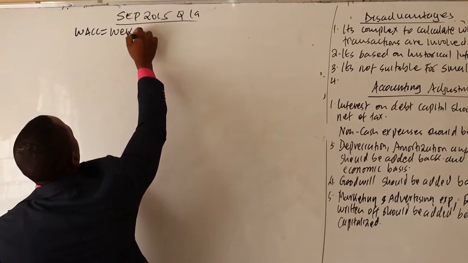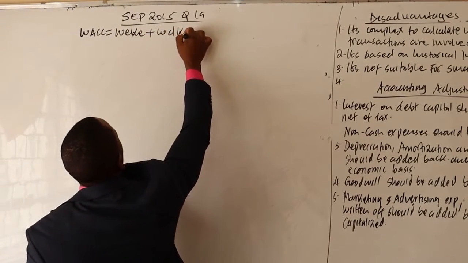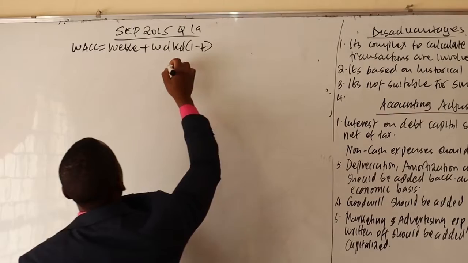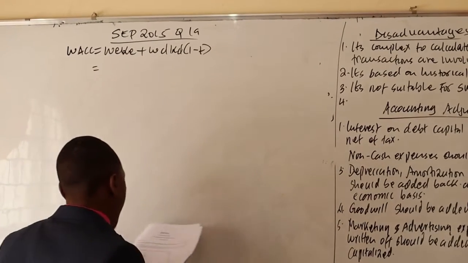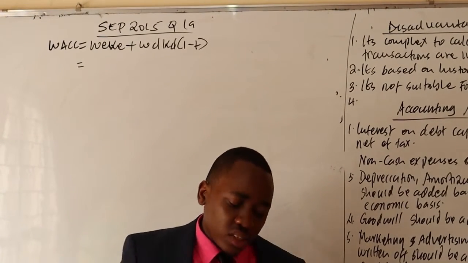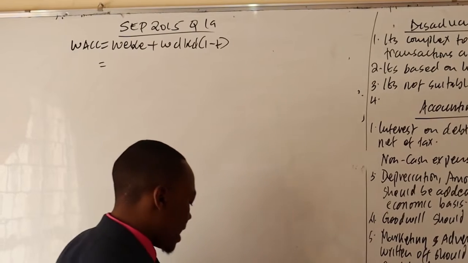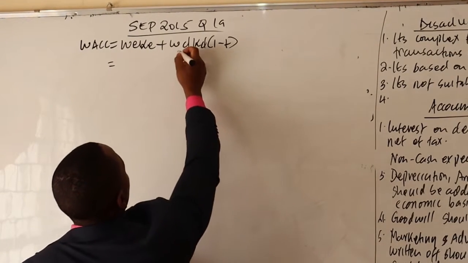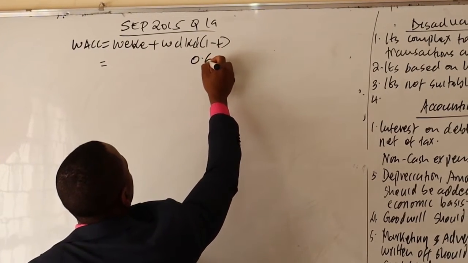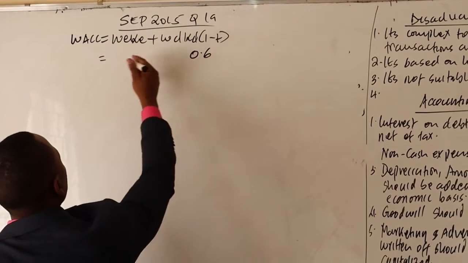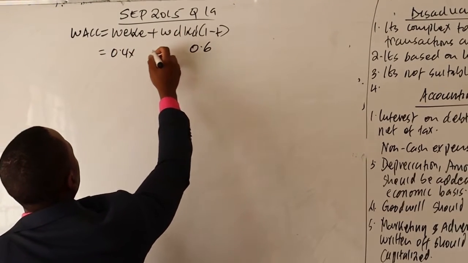Weight of equity times cost of equity, plus weight of the debt times cost of the debt times 1 minus tax. And we are told that debt to equity ratio is 60%. So that means the weight of the debt is 60%, and the weight of the equity will be 0.4.